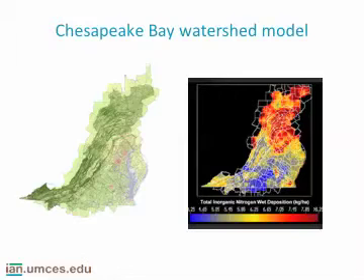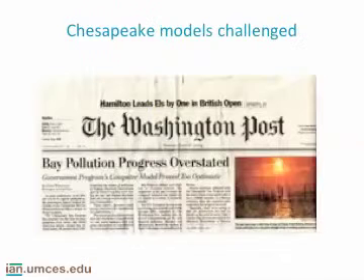And this watershed model has lots of little grid cells and does all kinds of transformations of air deposition and water runoff from different land uses, and then transformations downstream.